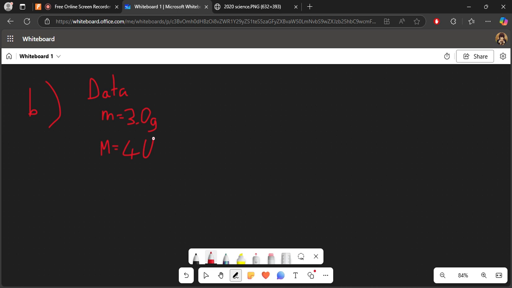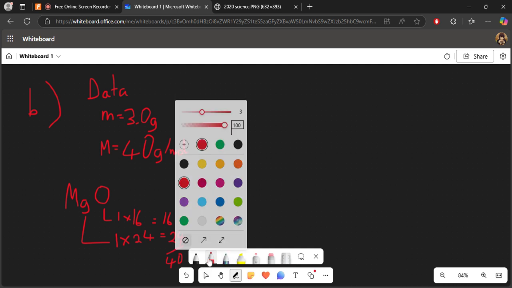In case you're wondering how we got this 40, we have magnesium oxide. One atom of oxygen has a mass of 16. One atom of magnesium has a mass of 24. Adding it all up, we get 40 as the molar mass of magnesium oxide. Rather, since it's molar mass, 40 grams per mole.